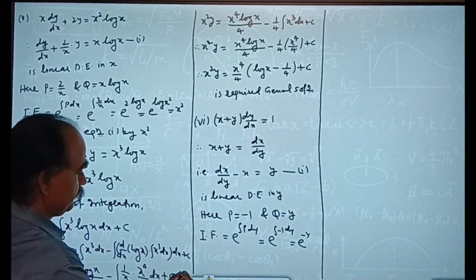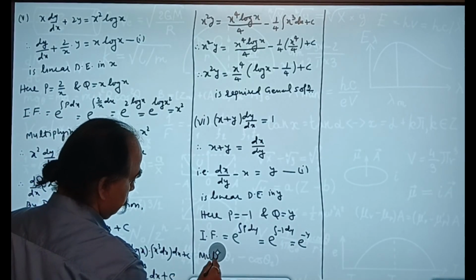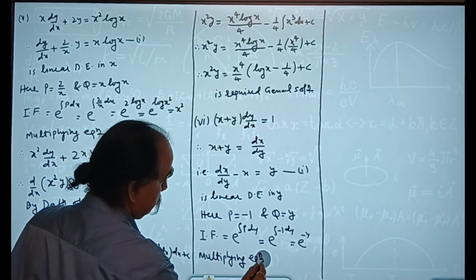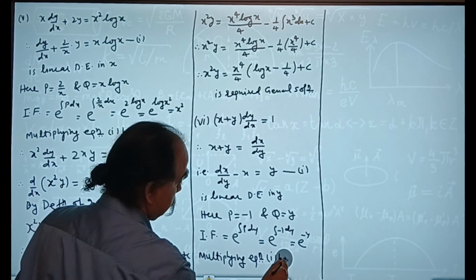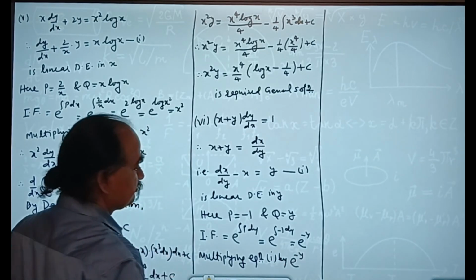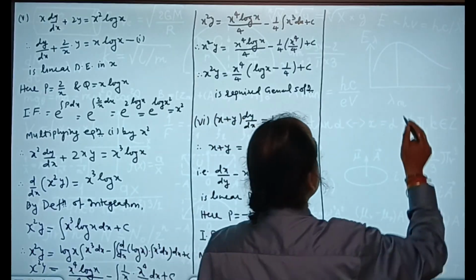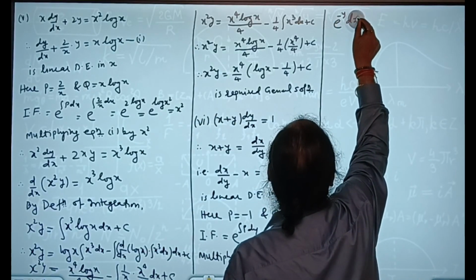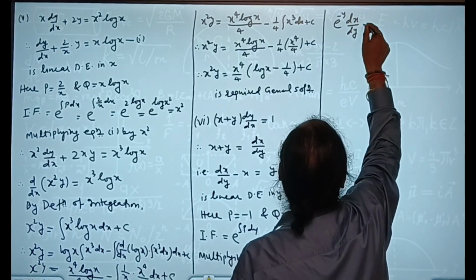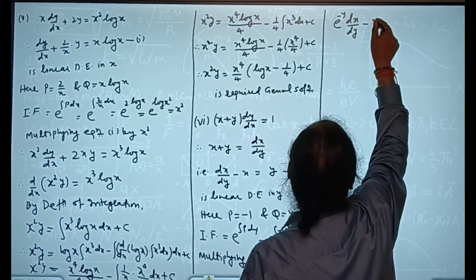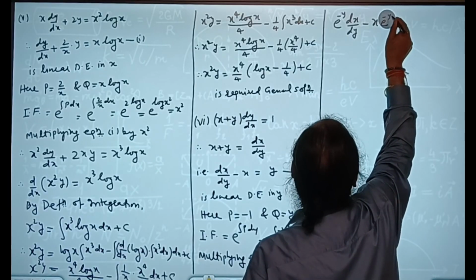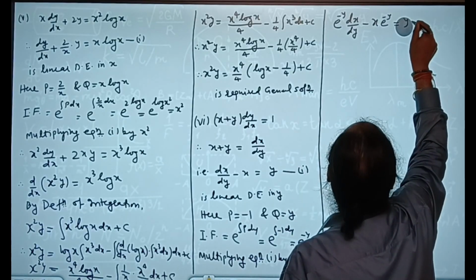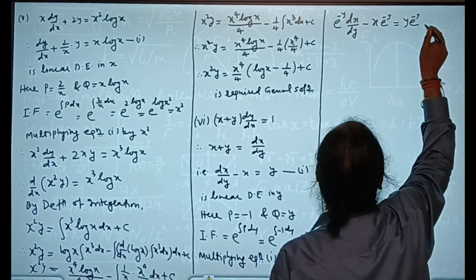Multiplying equation 1 by e raised to −y will give you what? e^(−y) dx/dy − x e^(−y) is equal to y e^(−y).